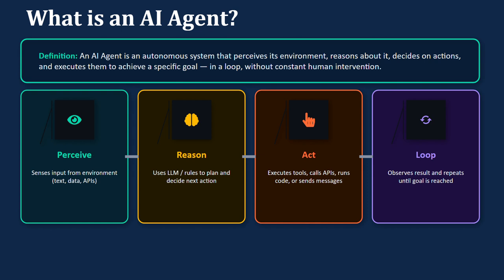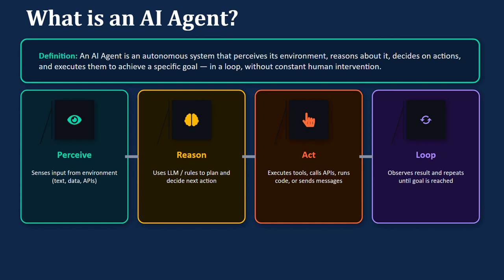An AI agent is an autonomous system that perceives or takes signals from the environment, thinks and reasons about it, and decides on actions and executes them to achieve a specific goal in a loop without constant human intervention.